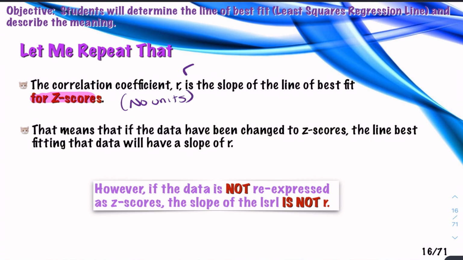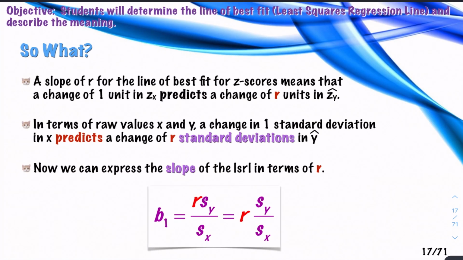That means that if the data have been changed to z-scores, the line of best fit fitting that data will have a slope of R. However, if the data is not re-expressed as z-scores, the slope of the least square regression line is most certainly not R. So this is a quick way, if we're just dealing with z-scores, no units, our slope will always be R, which is great to know.